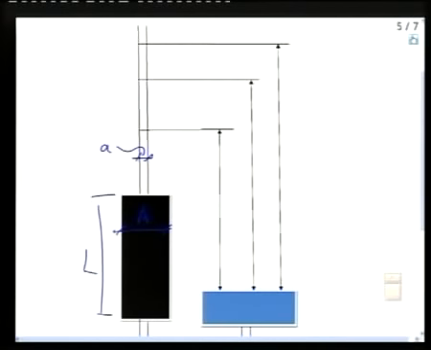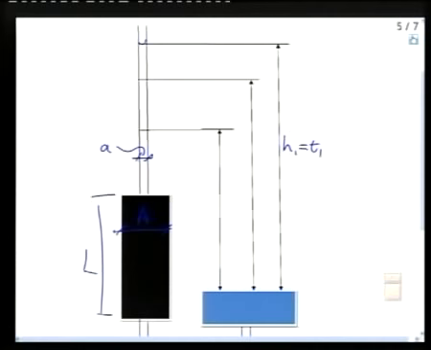What is the idea? The idea is, at the beginning of the test, I have water here. Time equals 0, height is height 1, say, at time 1.